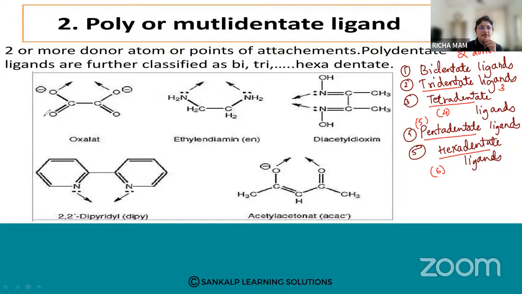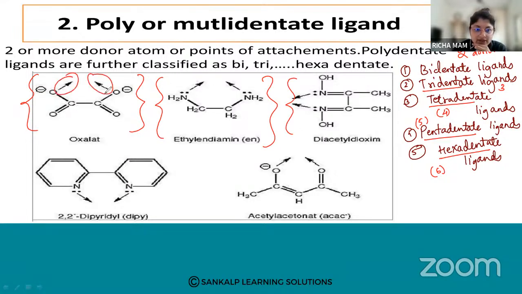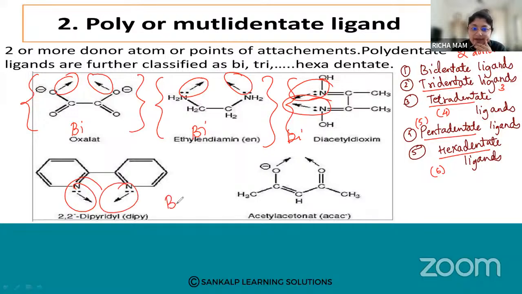Here you can see these are the types of ligands. Tell me, the mode of attachment is how many here? Two. So this comes under bidentate ligand. This is also mode of attachment 2, so it is also bidentate. Here the mode of attachment is 2, so bidentate. Here it is 2, bidentate. Here also it is 2, bidentate.